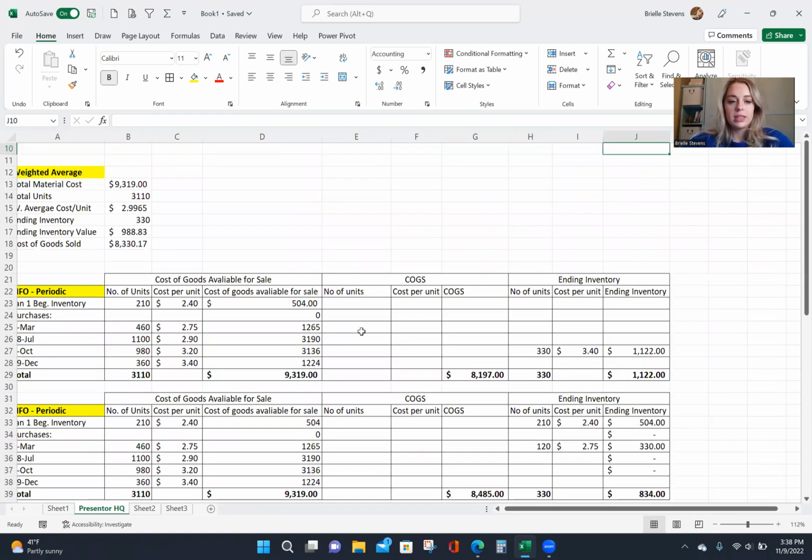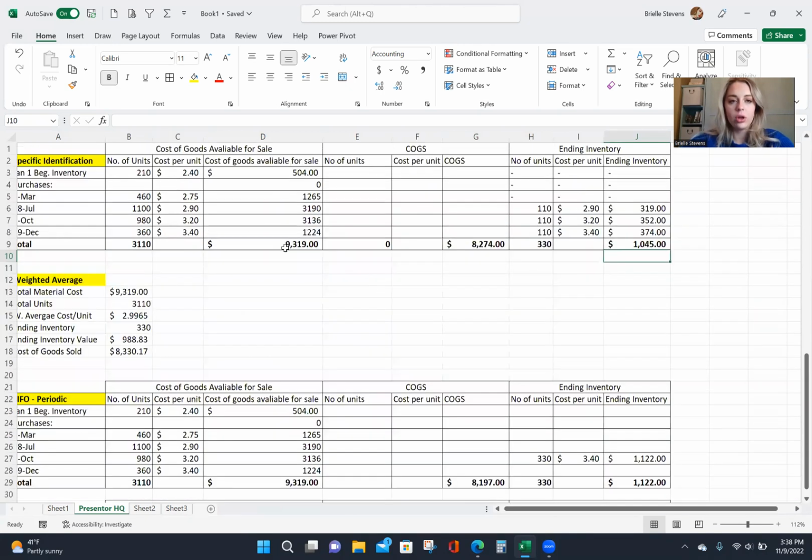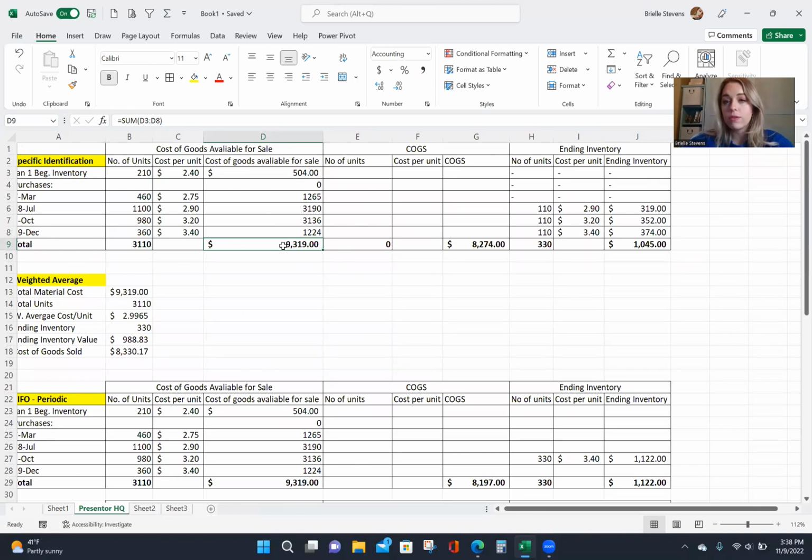Now, we know, because it was also given, that our total was $9,319, right? Our total cost of goods available for sale. And we know that the formula to find cost of goods sold is to subtract this amount from this amount.